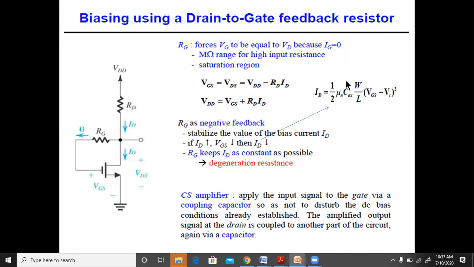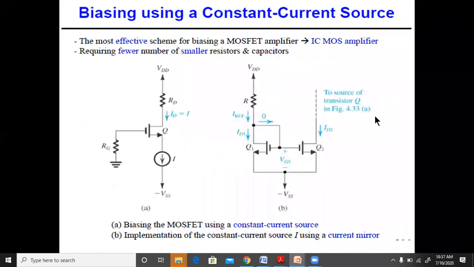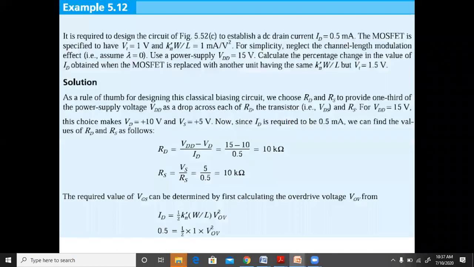Mu n Cox is itself Kn dash, so this will be Kn dash W by L, which is given. VT is given, ID is given, VGS is to be found out.